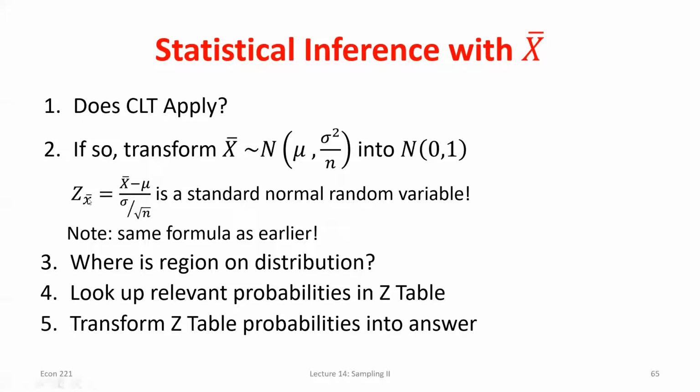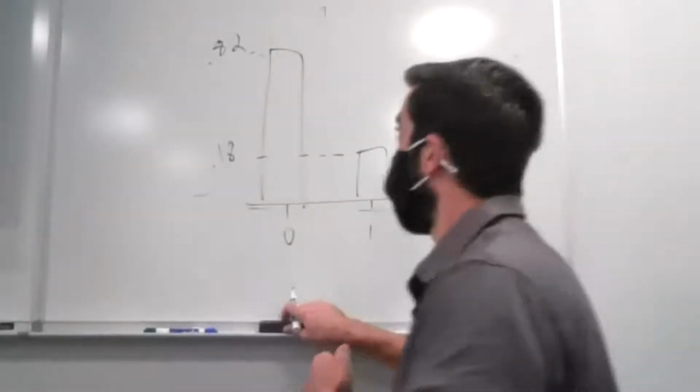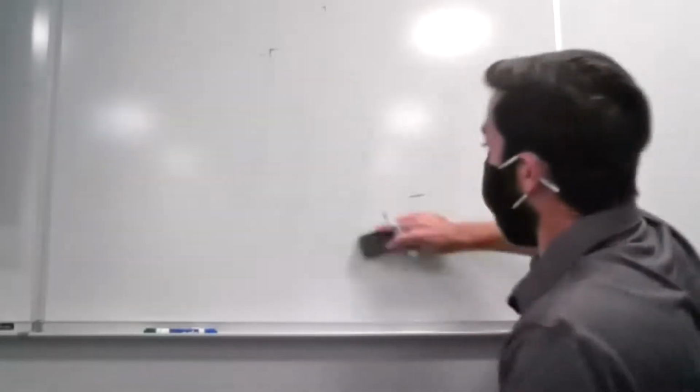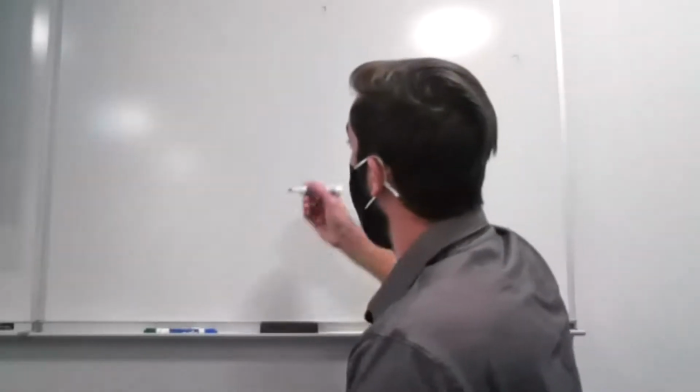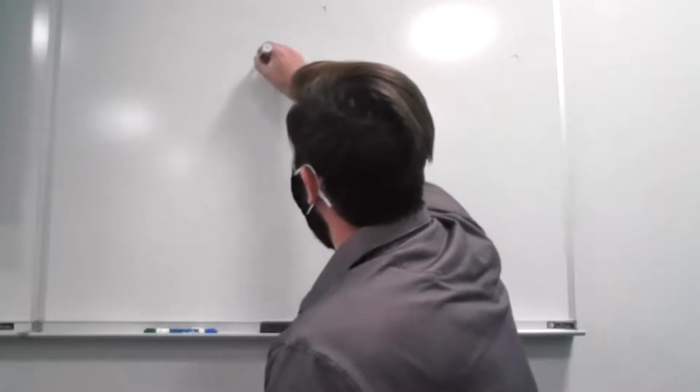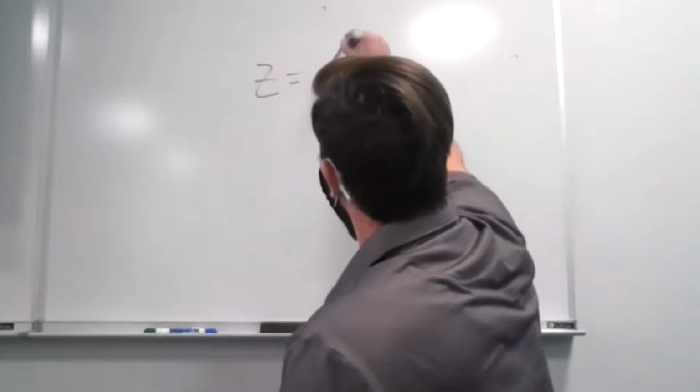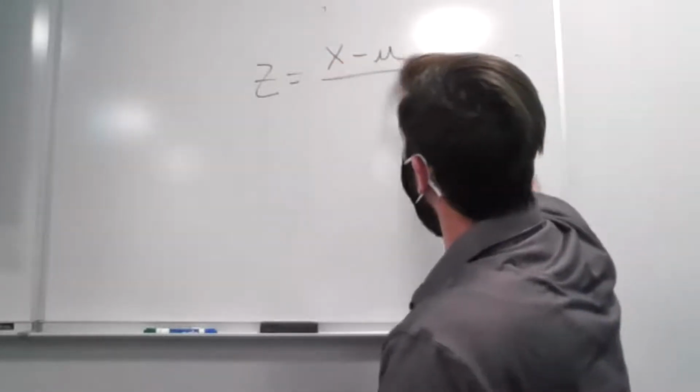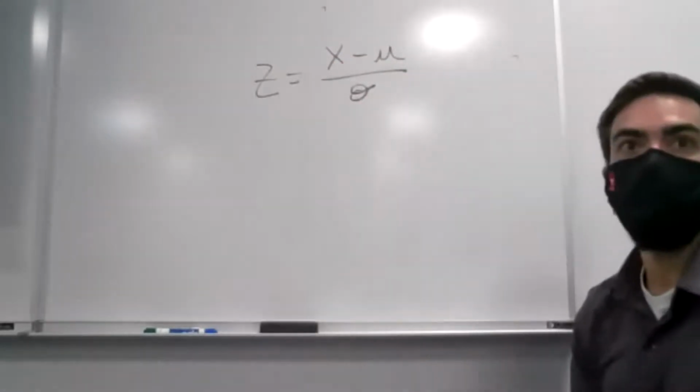Now, this step is a little different. The z-score equation looks a little different, but why? It's actually the same thing we were doing before. My marker's running out of juice here. So, this was our z-score equation when we were looking at the original population data.